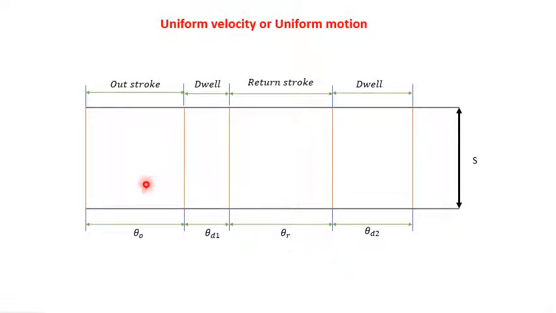Once we split this horizontal line into different strokes, like the out stroke, first dwell, return stroke, and the second dwell, the next important step is to divide the out stroke and return stroke into an even number of equal parts.